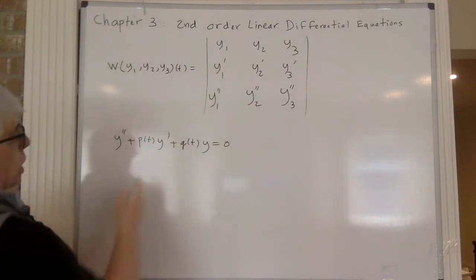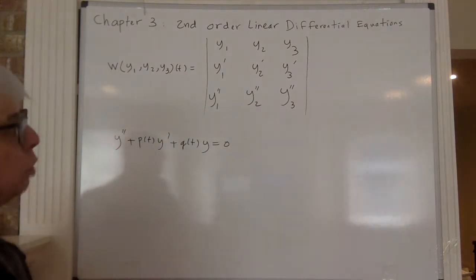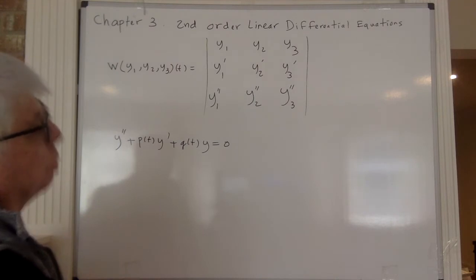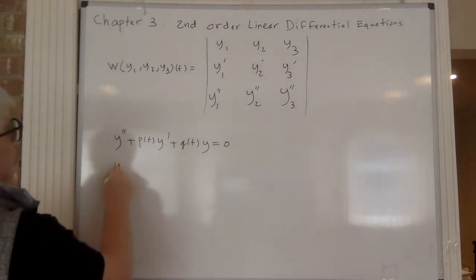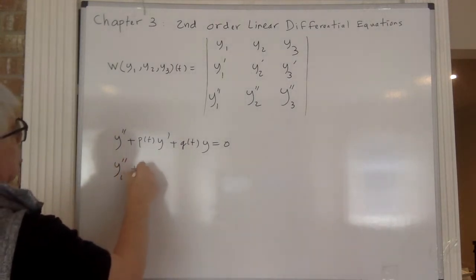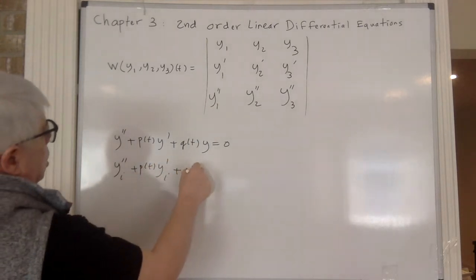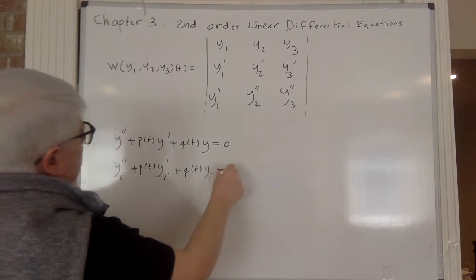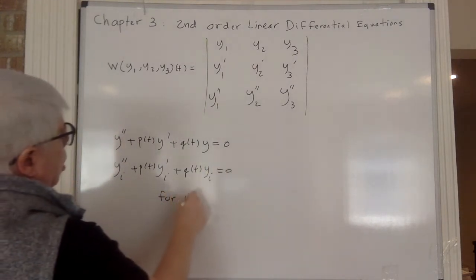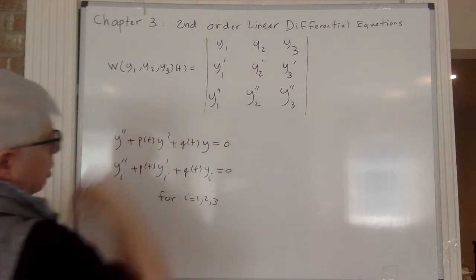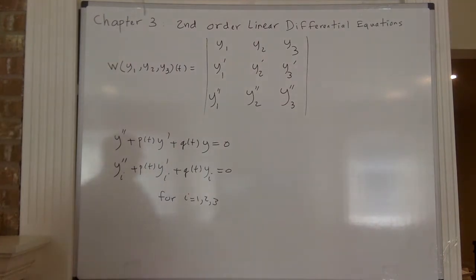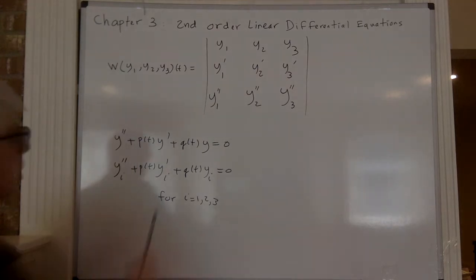So this means since y1, y2, and y3 are solutions, it means that yi double prime plus p(t) yi prime plus q(t) yi is 0 for i equals 1, 2, and 3, right? So each one of them satisfies the equation.